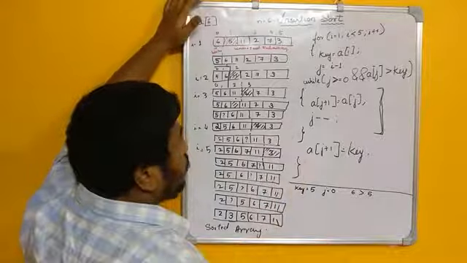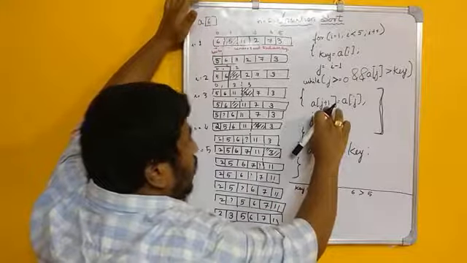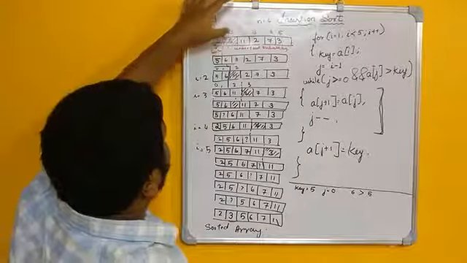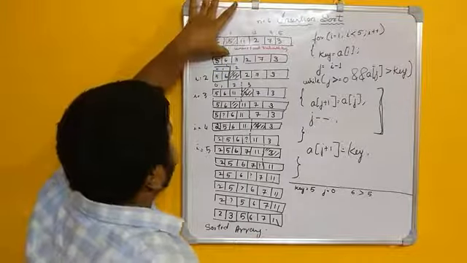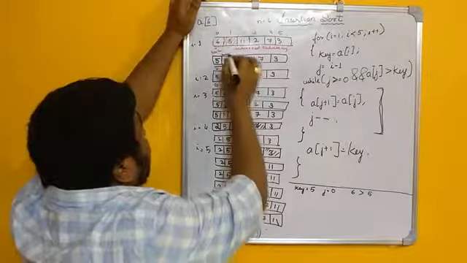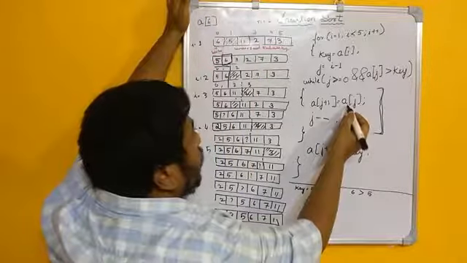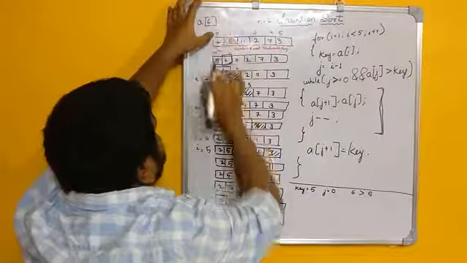So next what will we do? A of j plus 1. j value is 0, plus 1 is 1. So A of 1, where is our A of 1? A of 1 is this one. A of j plus 1 is equal to A of j. What is A of j? j is 0, so A of 0 is 6.